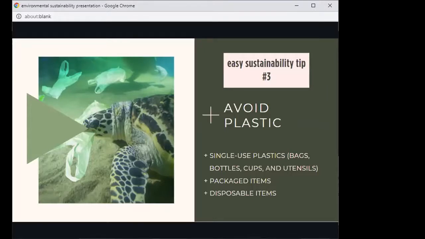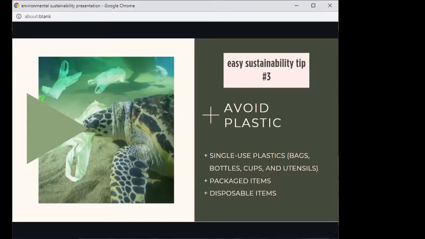This includes single-use plastics like grocery bags, plastic utensils, water bottles, etc. But it also includes things that are wrapped in or come in plastic packaging, like shampoo bottles, detergents, disposable items like razors, plastic toothbrushes that come wrapped in plastic, all of those things.